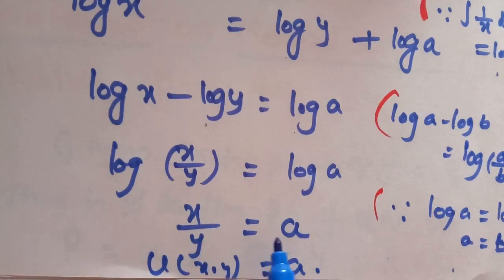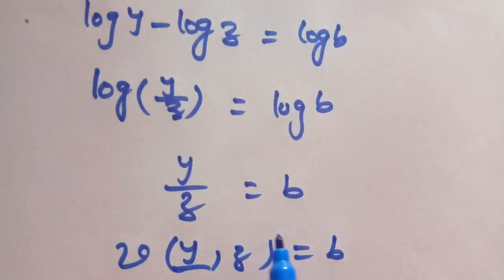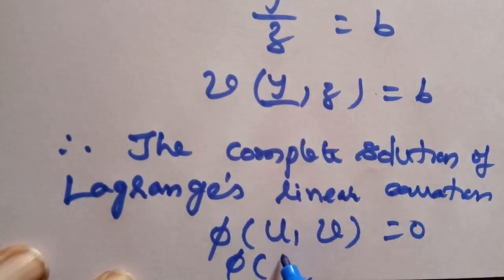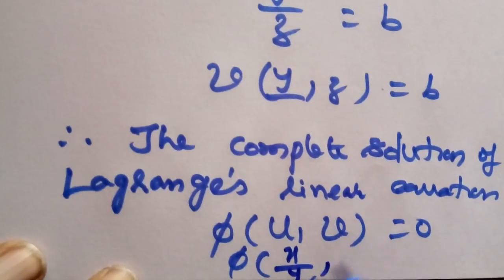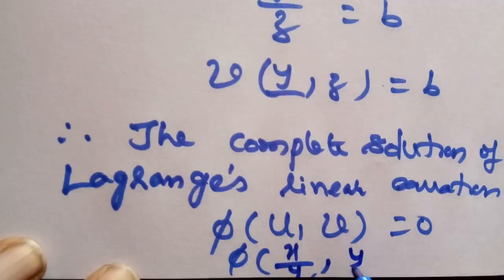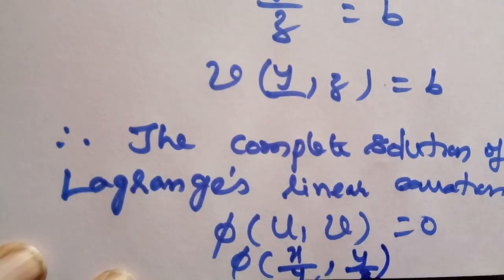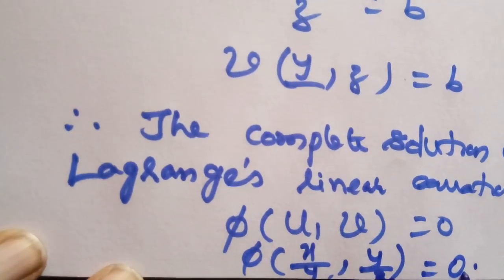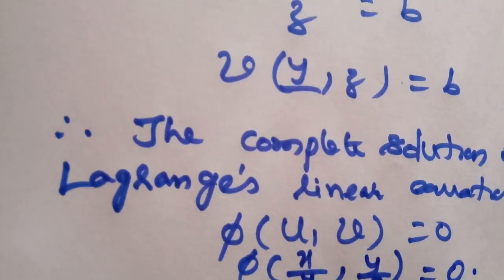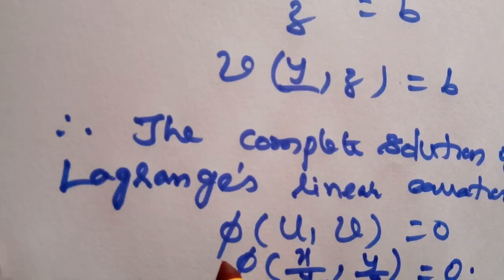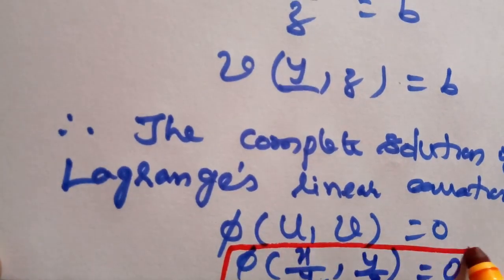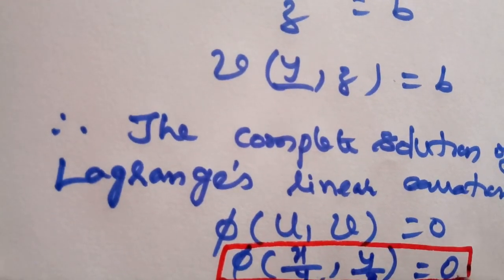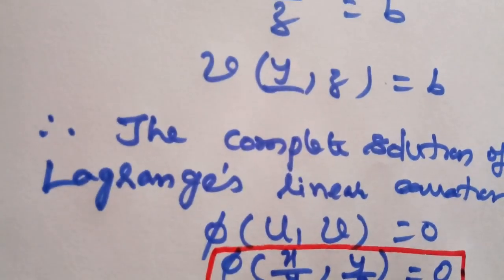U is x by y equal to a, and v is y by z is equal to b. Phi of x by y comma y by z equal to 0. This is the required solution of the given Lagrange's partial differential equation of first order.